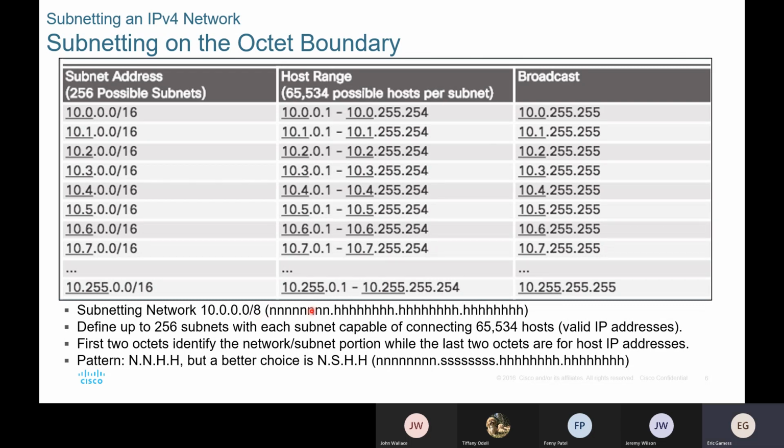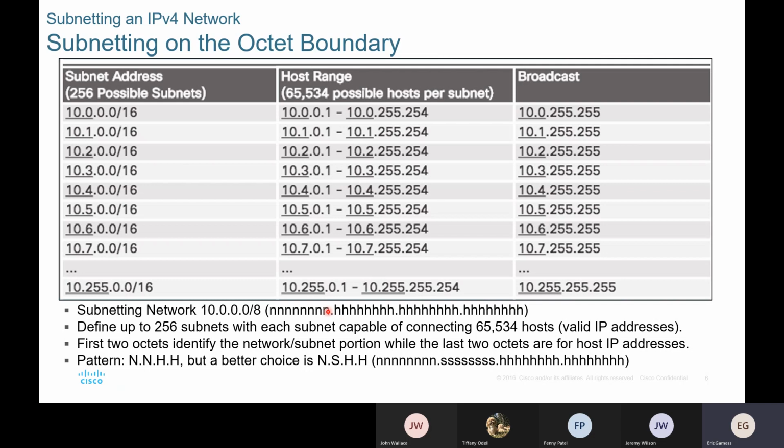So when I represent the pattern of bits, I put 8N, saying that all these bits belong to the network portion, and 24 bits belong to the host portion.